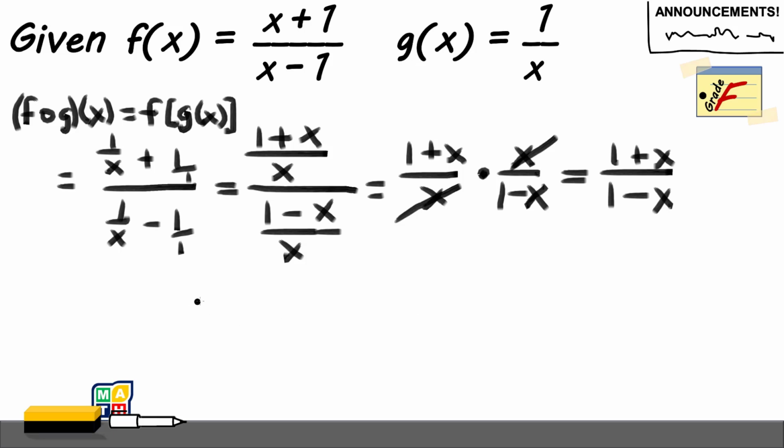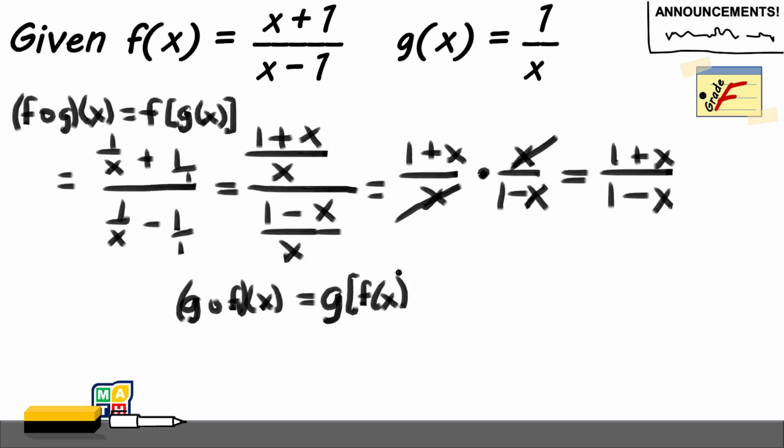Now let's proceed to the second. We have g of f of x. In this case, it's the g of x that we are concerned with now, and originally our g of x is 1 over x. Let me write here the equivalent notation. This is actually g of f of x.